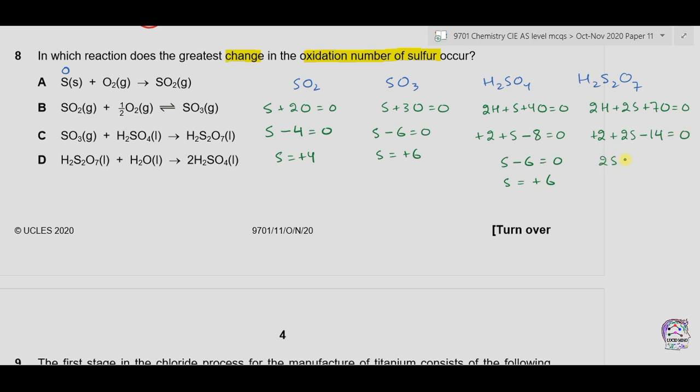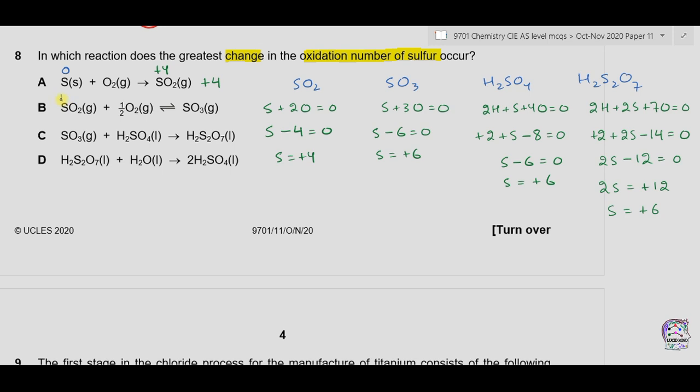So 2 sulfur minus 12 equals 0. So 2 sulfur is equal to plus 12, and for single sulfur the oxidation state will be plus 6. Let's write these oxidation states. For sulfur dioxide we have plus 4, so the change is from 0 to plus 4, which equals plus 4 change in oxidation state.